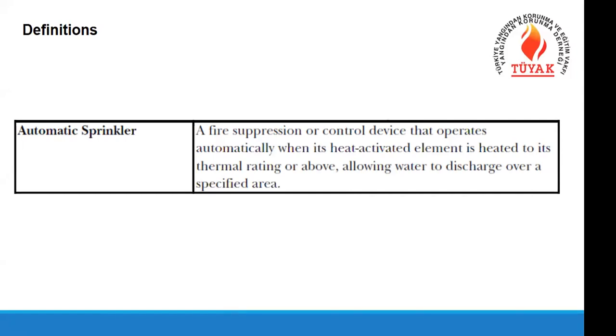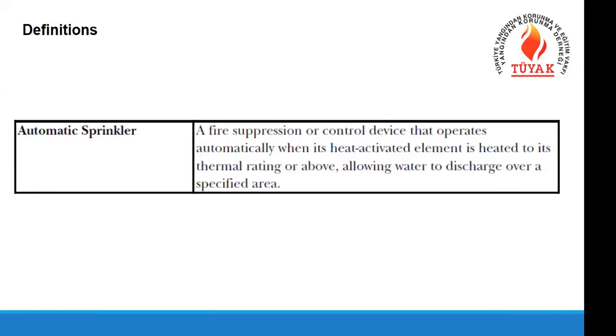So we need some heat to activate a sprinkler, and they have an element that, upon heating up to some degree, activates, and water discharges over the specified area to control the fire. And this is called the automatic sprinkler.